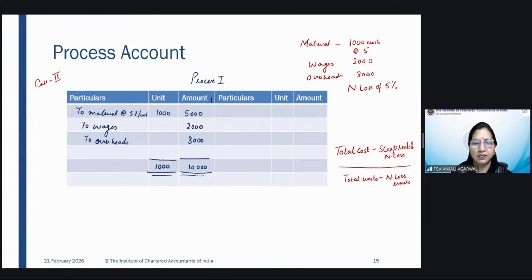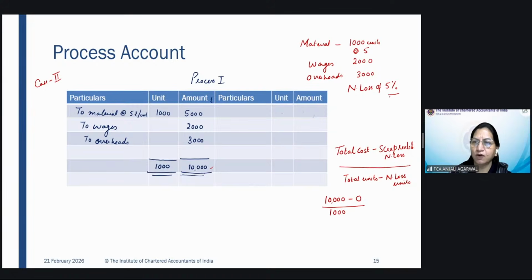So total cost is 10,000. Scrap realized 0. In the first case, total units was 1,000 and normal loss units was also 0. So the cost came out to be 10 rupee per unit, 10,000 divided by 1,000.